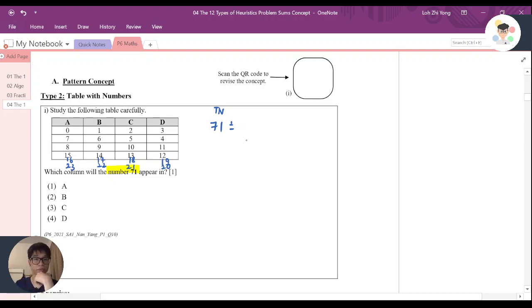This is what I usually do for type 1. But for type 2, we'll recognize one very important thing: if you look here, we have 0, 8, 16, and I know the next number will be 24.